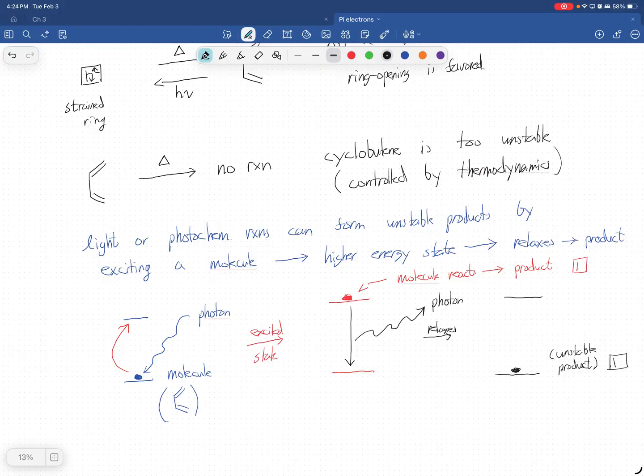So that's how photochemistry works. I know it sounds weird, it's contradictory to what you think. Why would something more unstable form? Well, if you're in an excited state, you can pretty much do anything because you have a lot of energy. So it rearranges to the product. Now it can go back down, relax, and you form the product. So that's the genius way we use light instead of heat to drive a reaction forward, and some reactions just work that way.